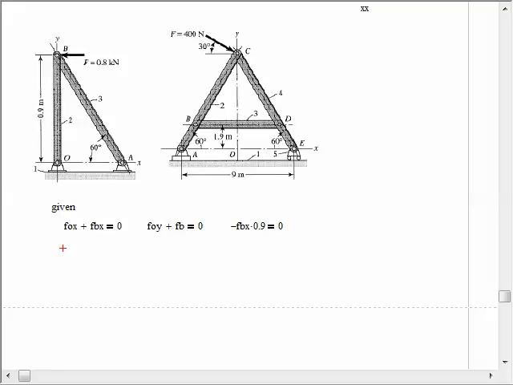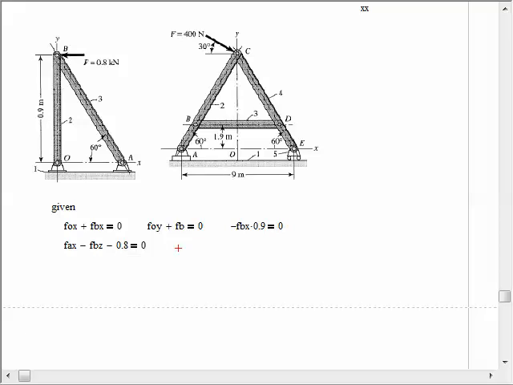And so I would say that FAX minus FBX, and then minus 0.8 kilonewtons, because it's in the negative direction, equals 0. That's the sum of forces in the x.